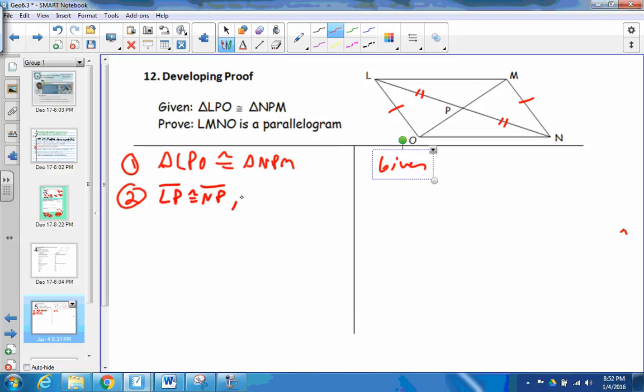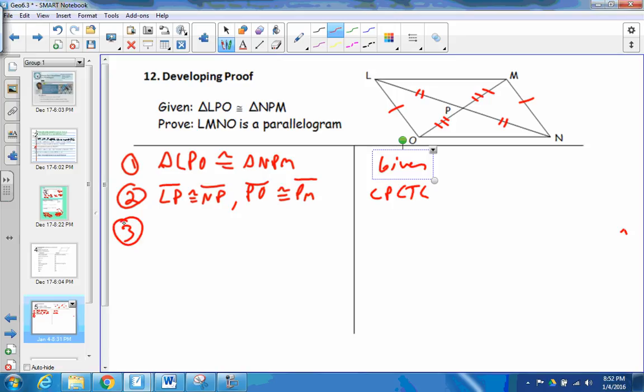Also, OP, or PO, we'll say, just for the order of our triangles given there, would have to be congruent to PM by CPCTC.